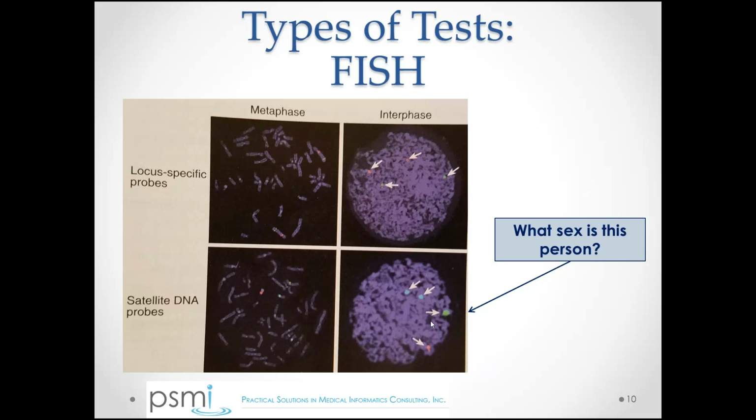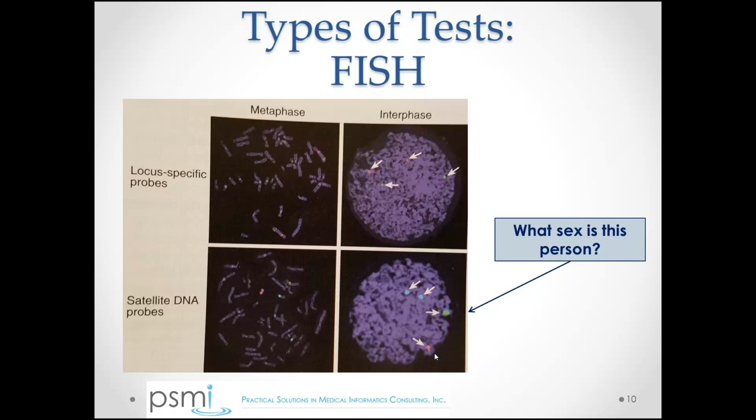Male. It's a male, right? Because it has a probe to the X chromosome that found a match and hybridized, and it has a probe to the Y chromosome that found a match and hybridized. Had this been a female, you'd see two green spots and no red spot.